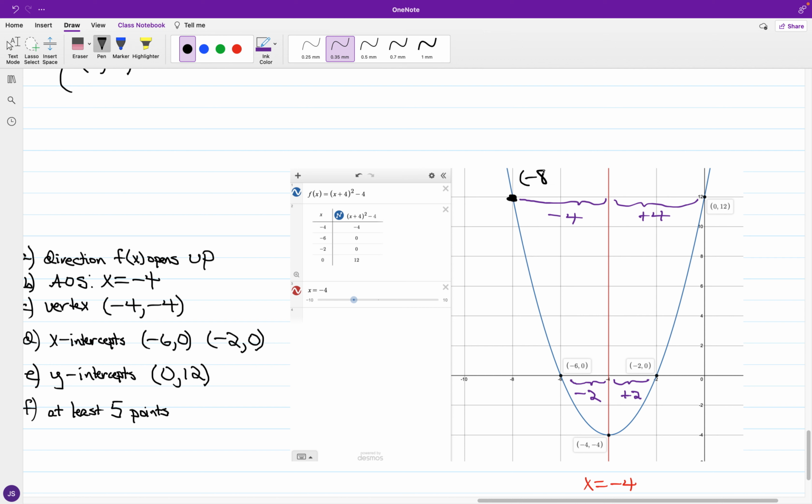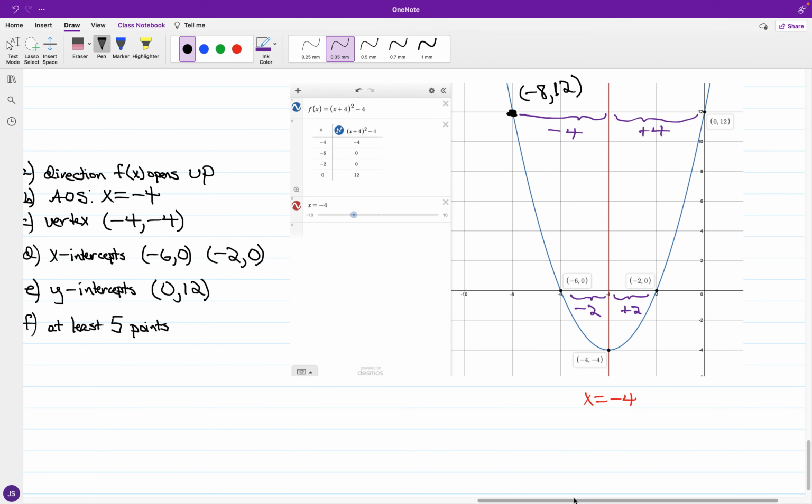So a possible fifth point that you can label is the one mirroring what we have across the axis of symmetry away from the y-intercept. So in this case, you would have -8, 12. All right. And again, these are just cases of characteristics of quadratic functions, especially when they are presented in vertex form.